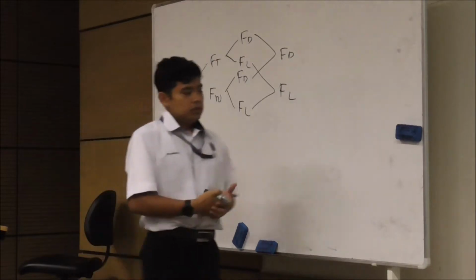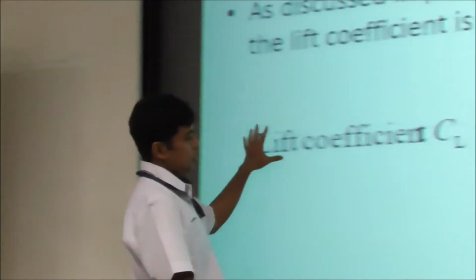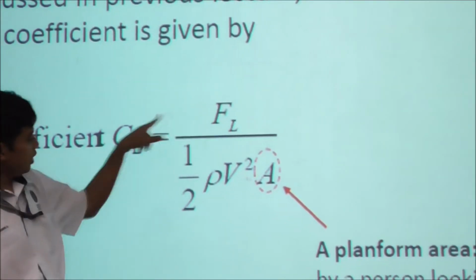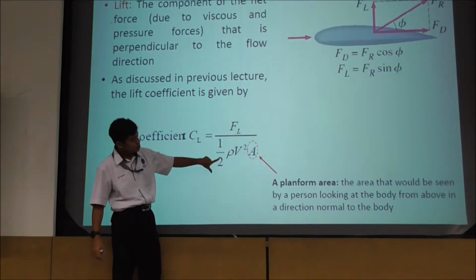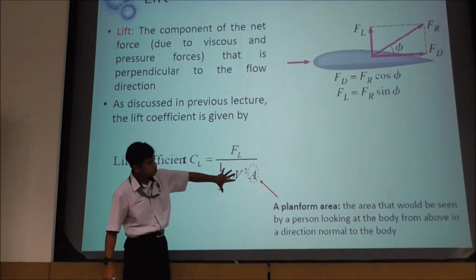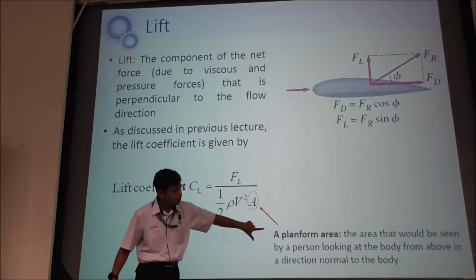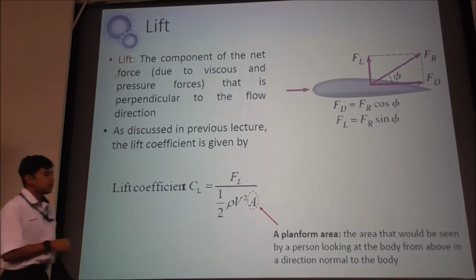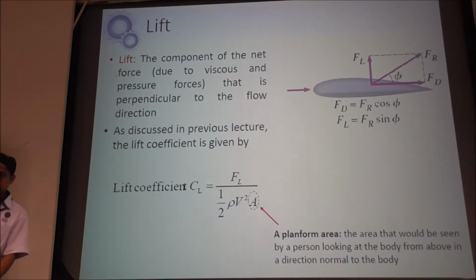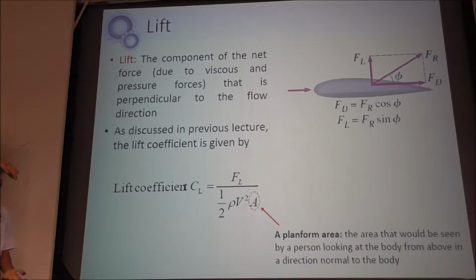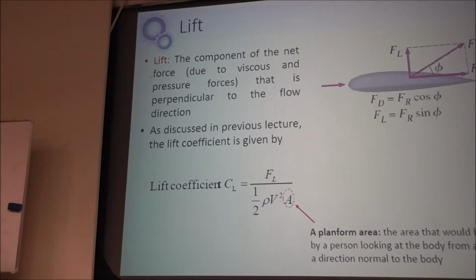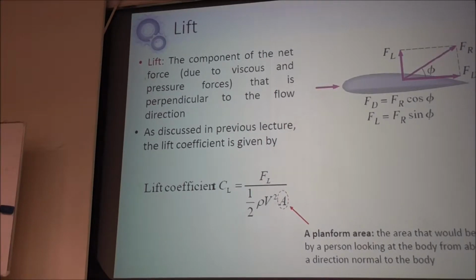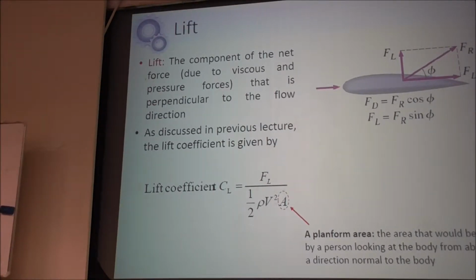Now, the form is the same: FL is equal to CL times A times the dynamic pressure. But the area is the platform area, the area that you see from the top. Remember, we have several areas.